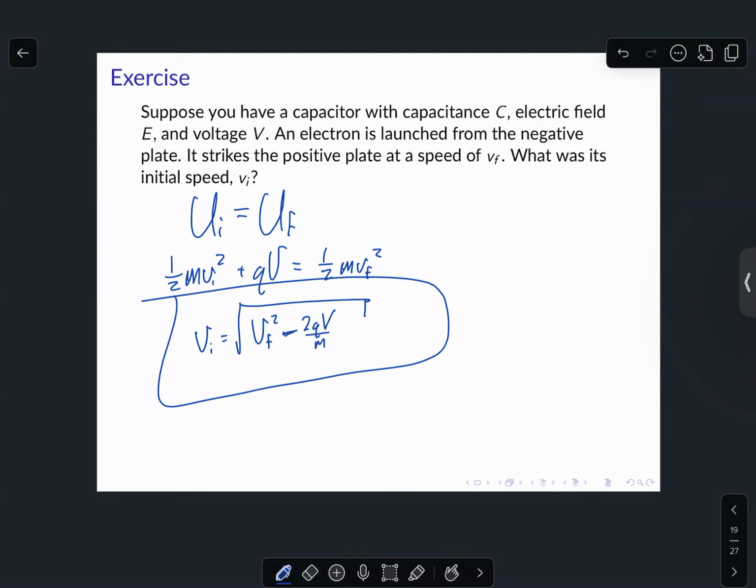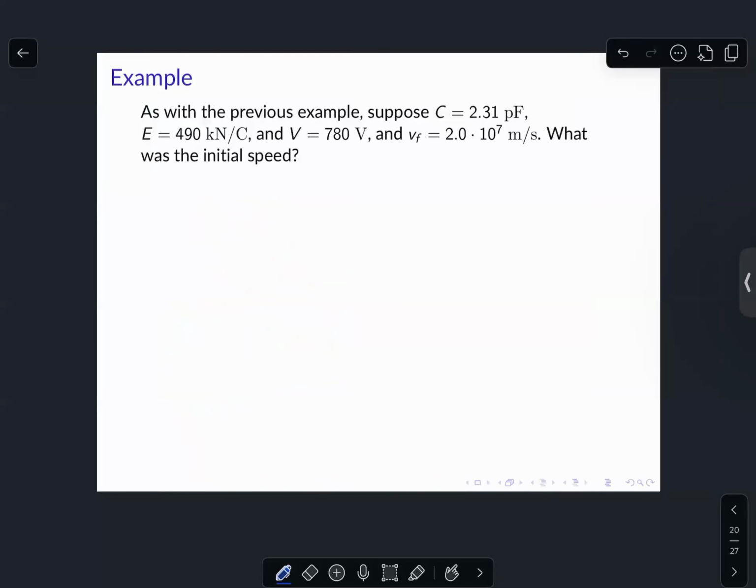For instance, if the electron is projected from the positive plate and just barely reaching the negative plate. But in every case, when dealing with this, I encourage you to use, whenever you can, logic and reasoning. Oh, it's speeding up. It must have started slower. I don't want to subtract a negative. Okay, that said, plug in numbers.